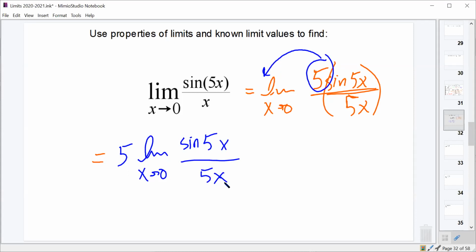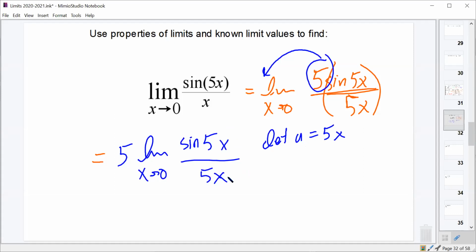All right, awesome. So next thing then is how do we deal with sine 5x over 5x? Could I somehow turn 5x into a different variable? Could I just do something like this? Let's let u equal 5x.